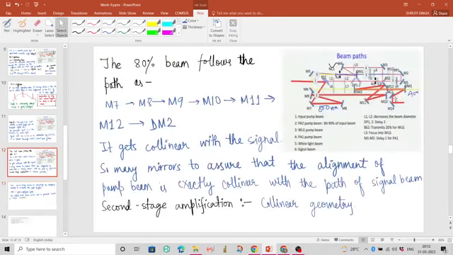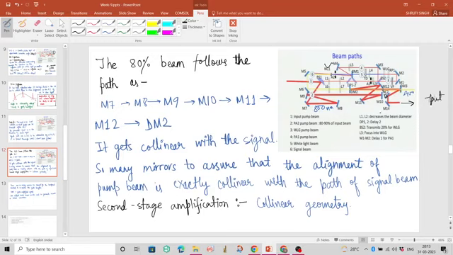So we see here this dichroic mirror amplifies the signal, which goes out, and the pump, since it is a short pass filter, is reflected. It hits M13, which is not written over here, this one is M13, and then it is reflected to M14, and after M14 it comes out as the output.